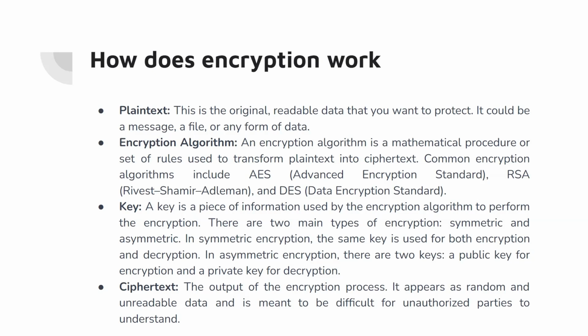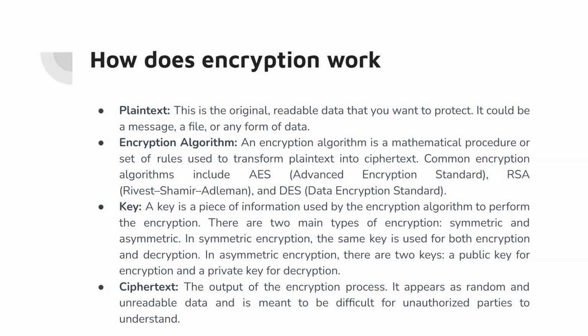There are other examples such as the RSA, an asymmetric encryption algorithm. Then there is the DES, which is another symmetric encryption algorithm, though nowadays it is considered outdated and less secure than, for example, the AES and the RSA.